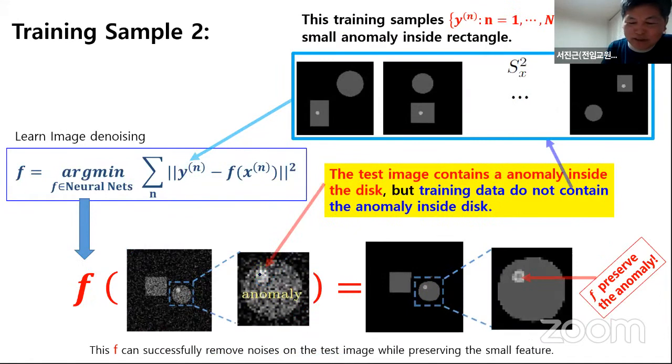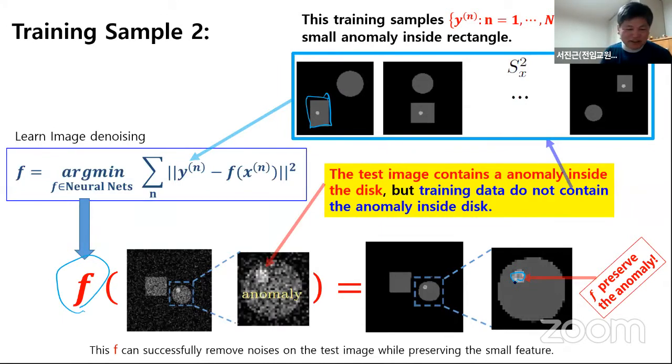The second training example is interesting. In the second example, the test image contains an anomaly inside the rectangle, but not in the disk. Inside the rectangle, there is a small anomaly. But this F successfully recovered this small anomaly. This is very interesting.